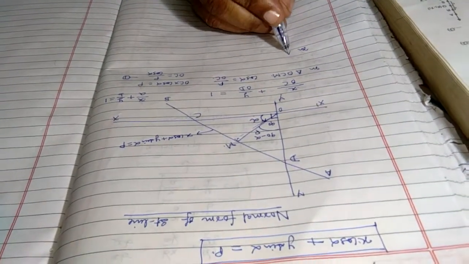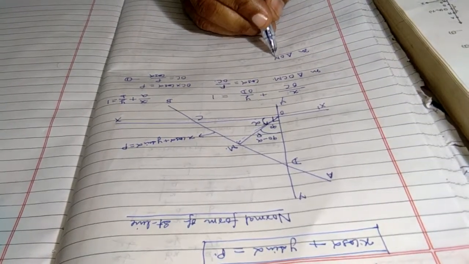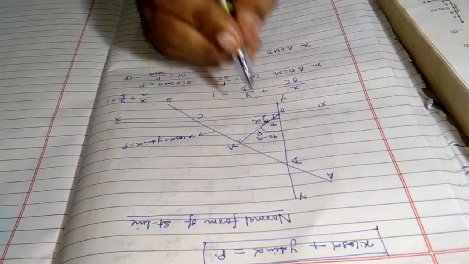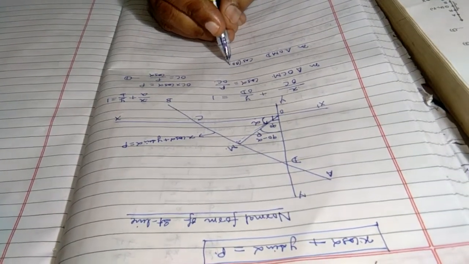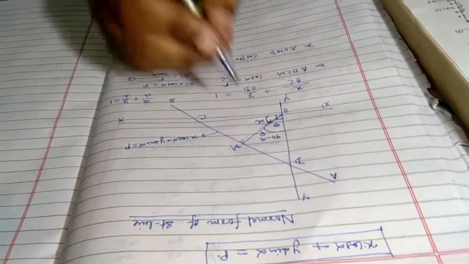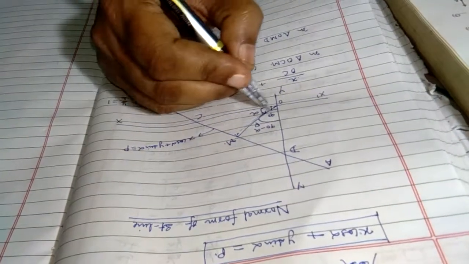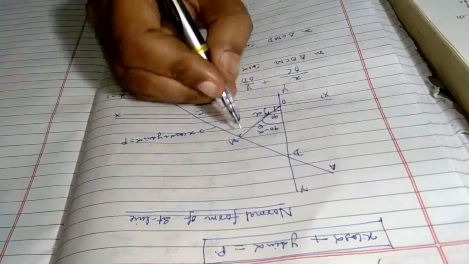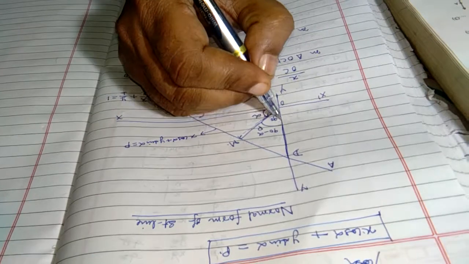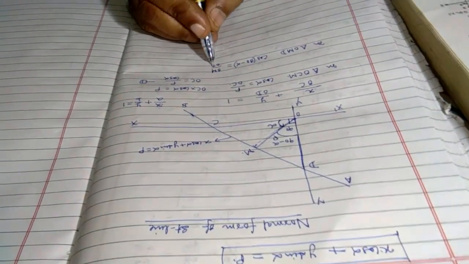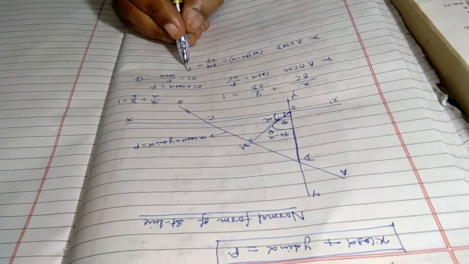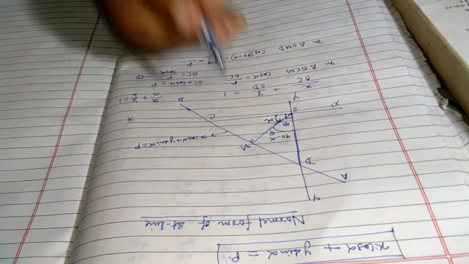Now in triangle OMD, I am taking cos of 90 degree minus alpha. It is equal to base OM by hypotenuse OD. So OM by OD, and OM is equal to P, the length of the perpendicular drawn from the origin.